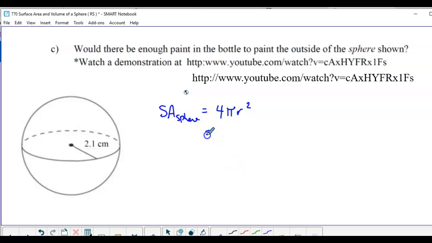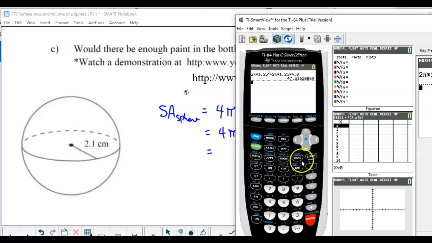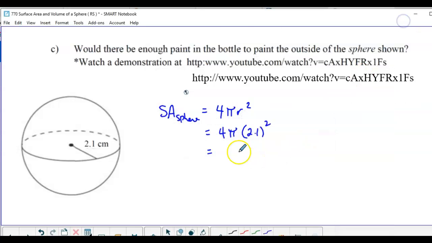And so in this case, we're given the radius, 2.1. So when we calculate this, it's going to be 4 pi times 2.1 squared, and 55.4 centimeters squared, and that is more than 50, so therefore not enough paint.